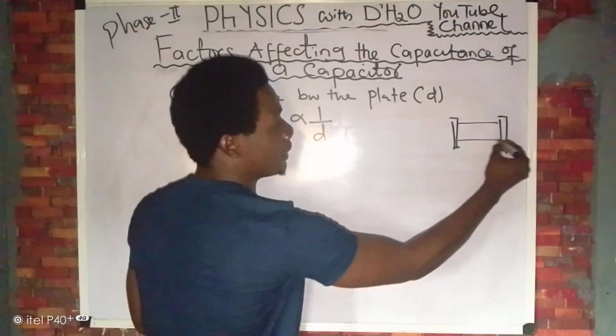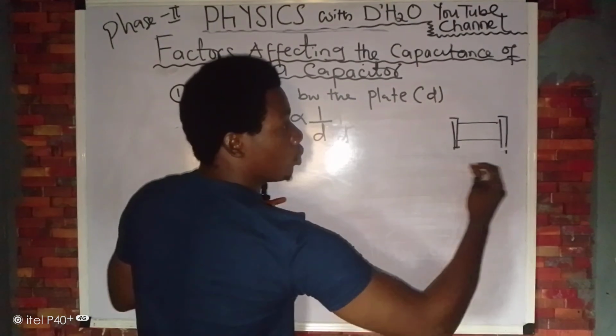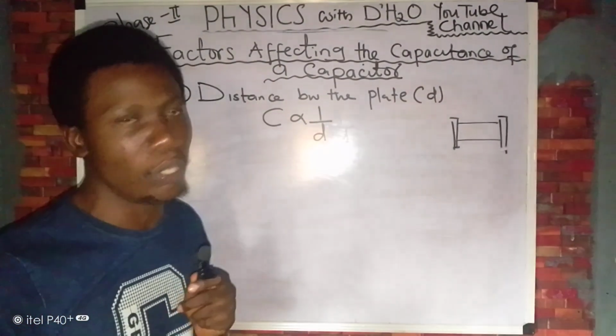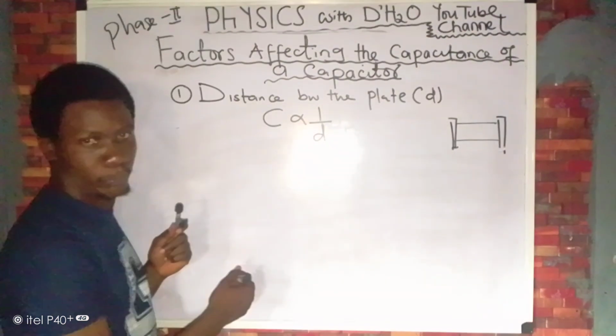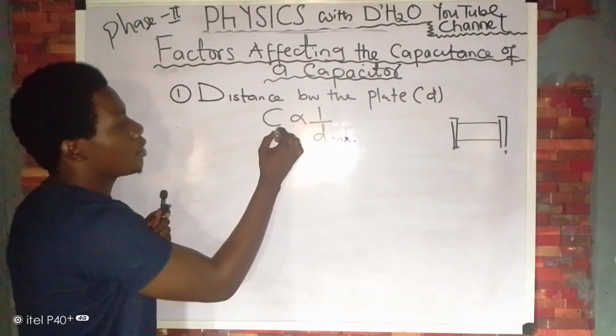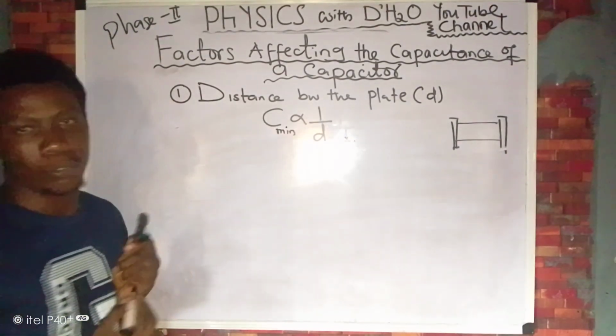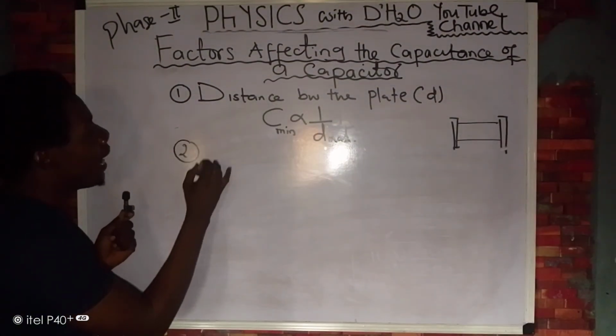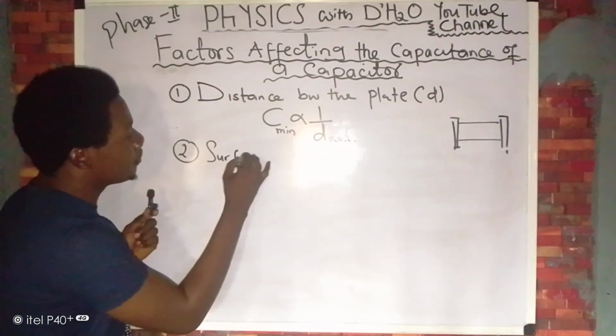As you increase the distance between the plates, you are reducing the capacitance of the capacitor. So there is an inverse relationship here. When this becomes maximum, the capacitance will be at minimum. Are we together?